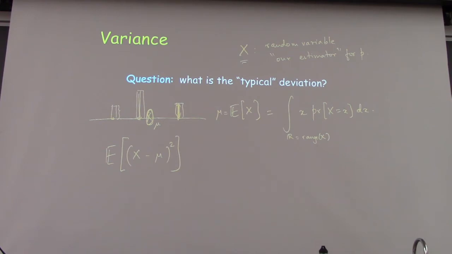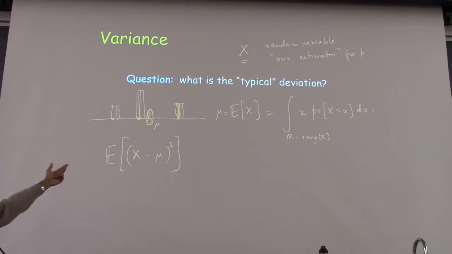So this is the quantity we are interested in, right? We are interested in how far it is. One quantity that captures this sort of deviation is called the variance, and the variance is defined to be the expected value of this.